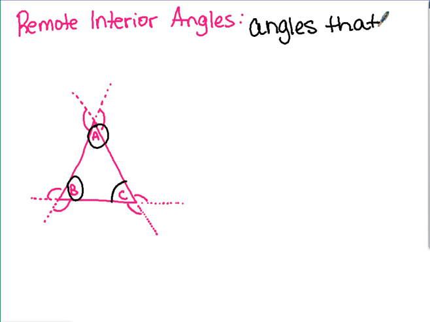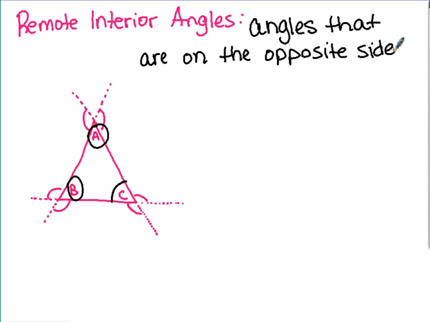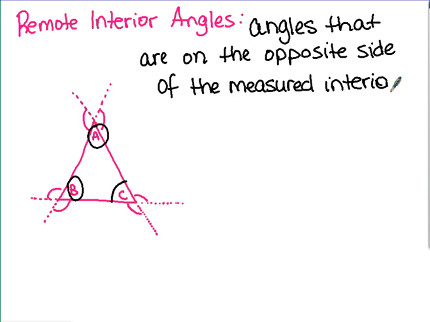Angles that are on the opposite side of the measured interior angle are called remote interior angles.